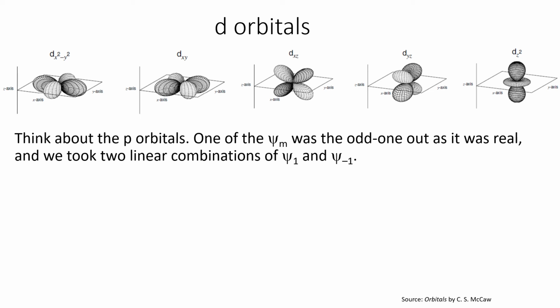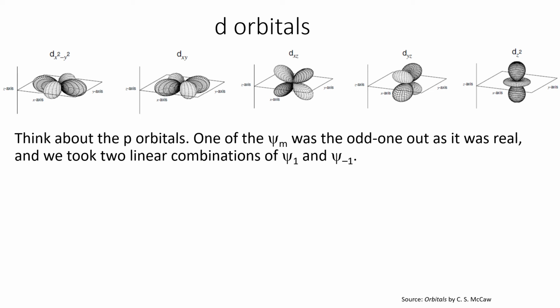Now you notice that one difference between the d orbitals and the p orbitals is that whereas for the p orbitals you just had a Cartesian label like x, y and z, in the case of the d orbitals we've got 2 Cartesian labels. So you might have 2 different Cartesian axes like x, y, or indeed 2 of the same axes, like for example z squared. That's actually part of a general trend.